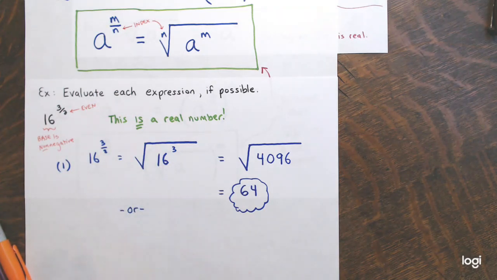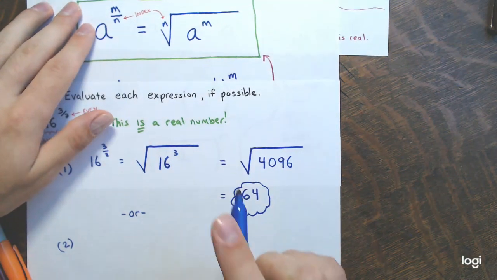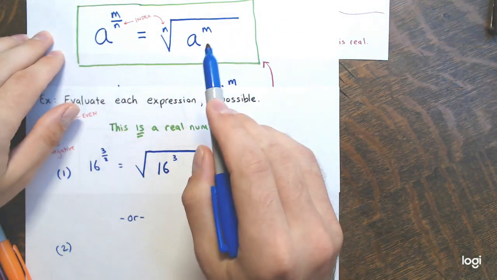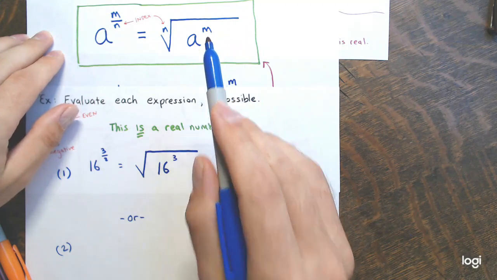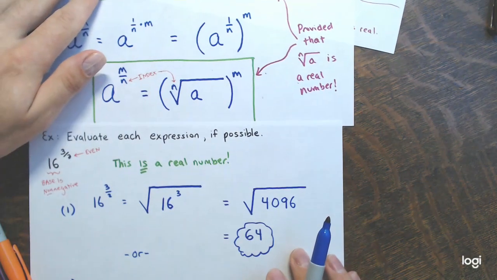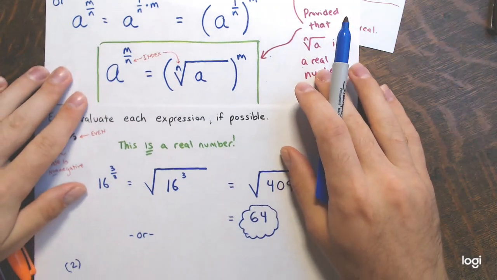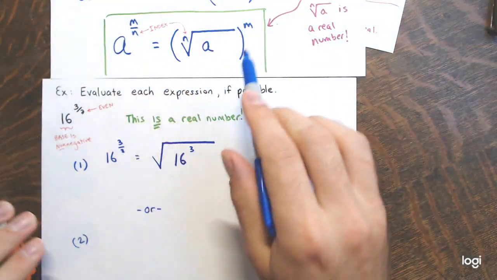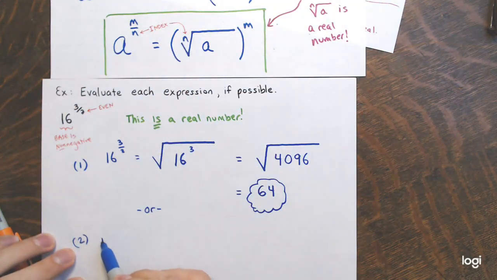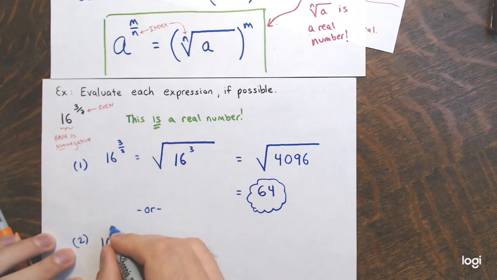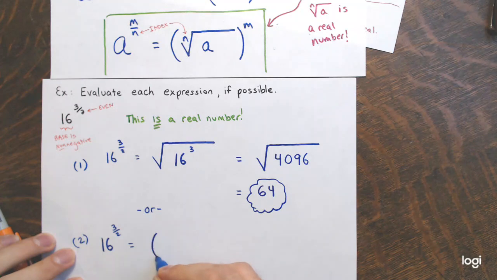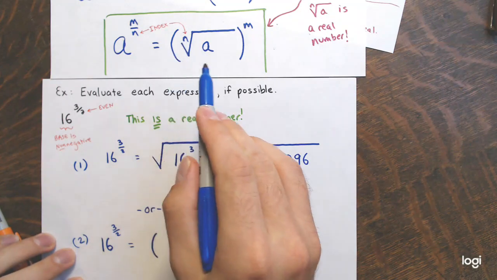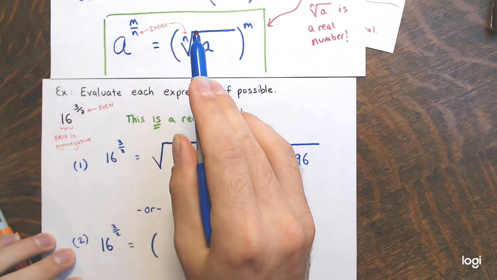But we could also look at it this way. The other way I had up here, instead of the nth root of a to the m, where the m is on the inside, I can also think of it this way. Right, this second box that I put up on the last page. We could say that 16 to the 3 halves power is, and then as the base, take the nth root of a.